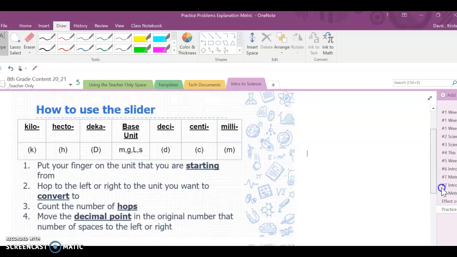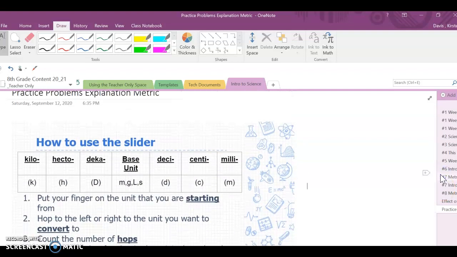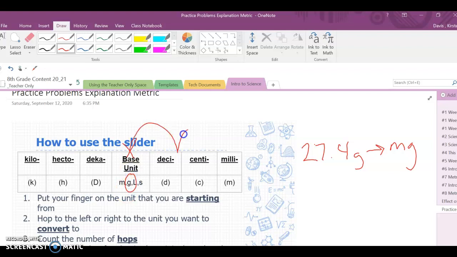Okay, 27.4 grams, and we want to go to milligrams. So first I'm going to use my slider scale to see how many places that would be. I'm going to start at my base unit because I'm starting with grams, G. And then I'm going to count 1, 2, 3, and I end up with milligrams, M. So that would be mg, like we have here. So I know that I need to move 3 places to the right.